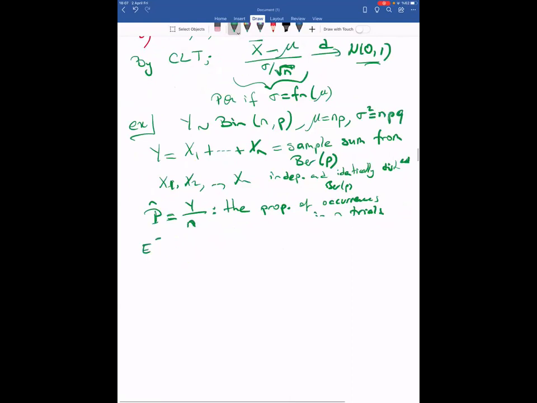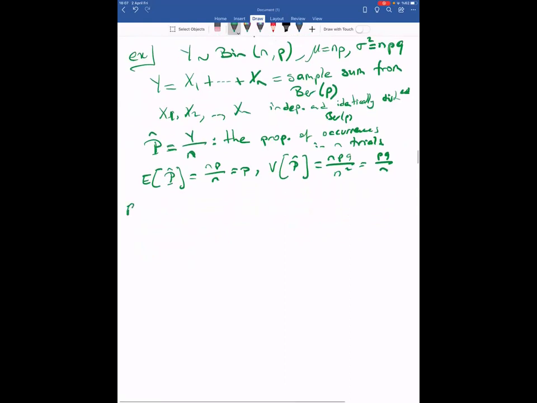When we consider its expectation, n times p over n, so we have p, and when we consider its variance, we have n times p times q over n squared, so we have pq over n. So basically by using the central limit theorem, we consider p hat minus p over square root of pq over n. In the limit, we know that it is normally distributed.